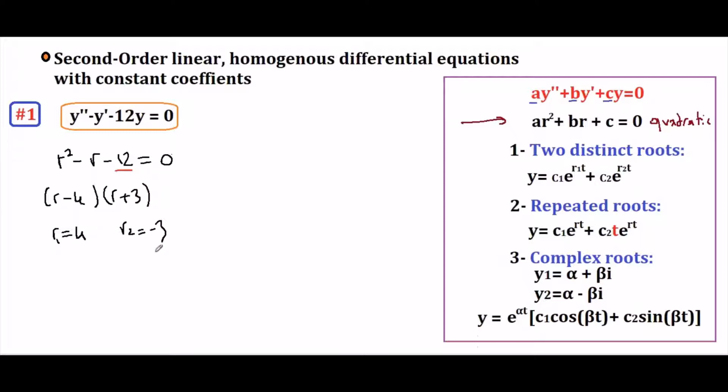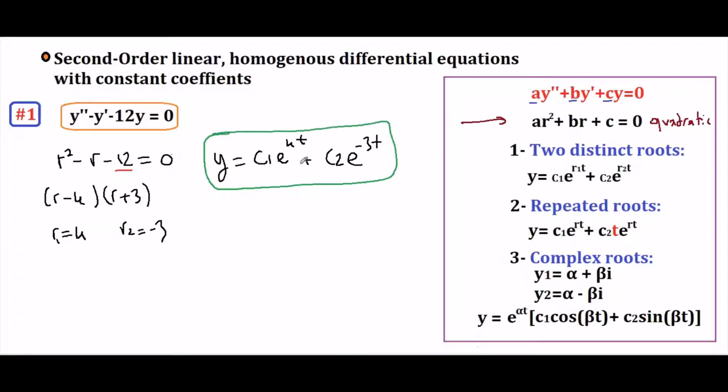Since we have two distinct roots, our general solution will be c1 times e to the 4t plus c2 times e to the -3t. If you are given initial conditions, you can plug in and solve for c1 and c2. This is just the general solution to this differential equation.